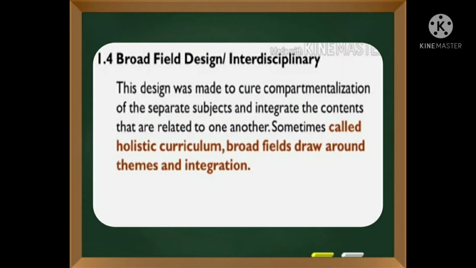This design was made to cure compartmentalization of the separate subjects and integrate the contents that are related to one another, sometimes called holistic curriculum. Broad fields draw around themes and integration.